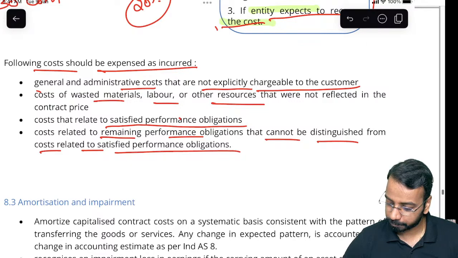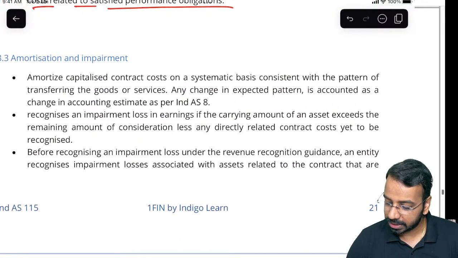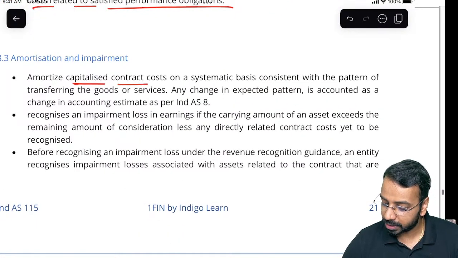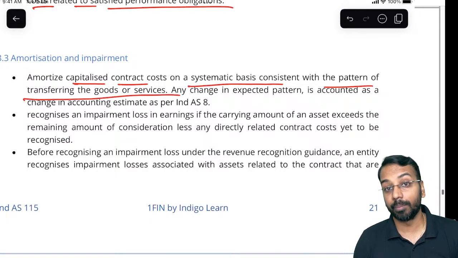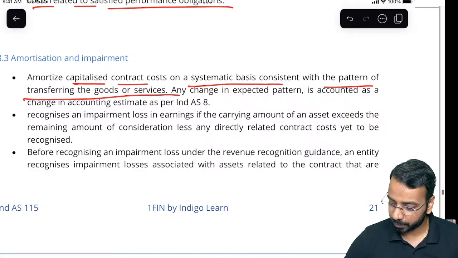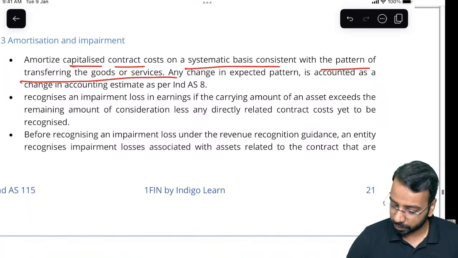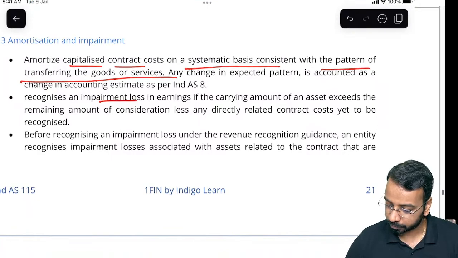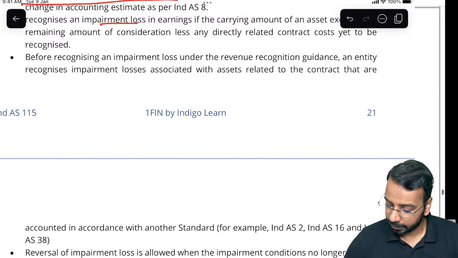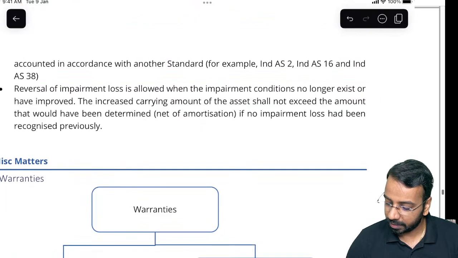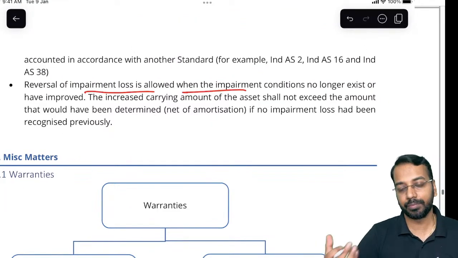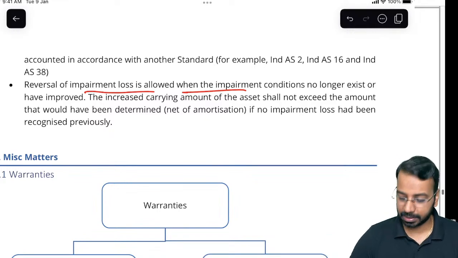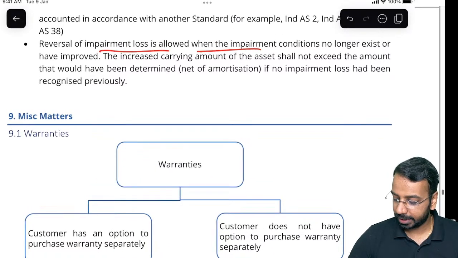Then amortize capitalized contract costs on a systematic basis consistent with the pattern of transferring goods or services. So generally, the way in which you complete the contract or recognize revenue, in the same way you will amortize those expenses. Okay. Then if there is an impairment loss, you will recognize. Then again, impairment loss, if it is to be reversed, you will do that. So impairment related thing we will understand when we go to Ind AS 36. Right. So that is contract related aspect.